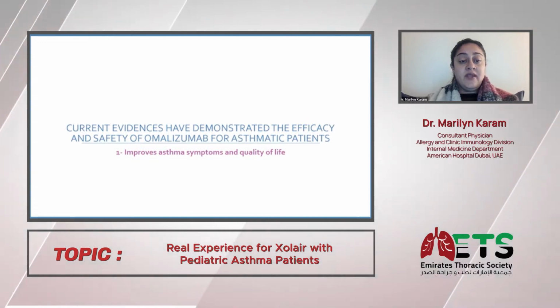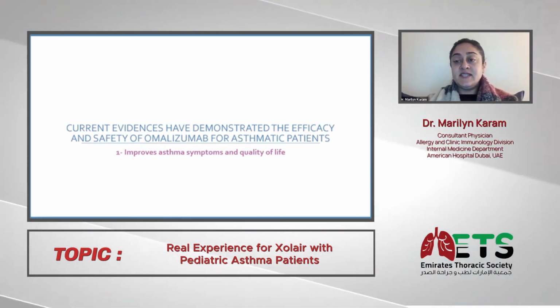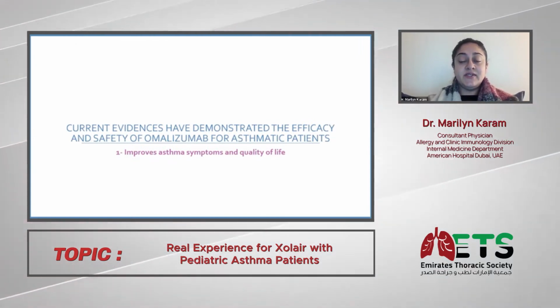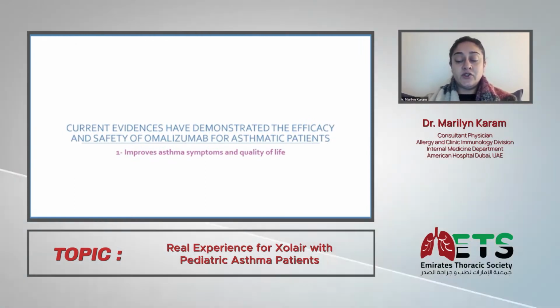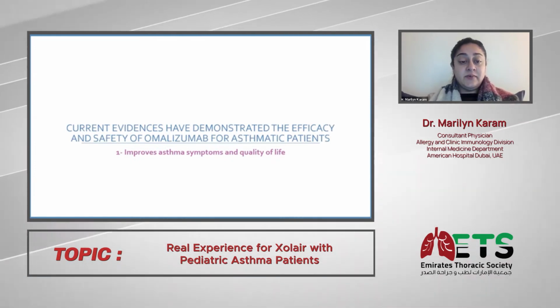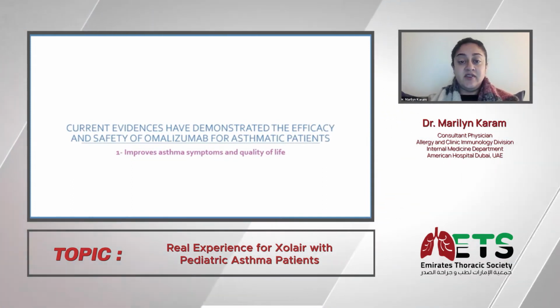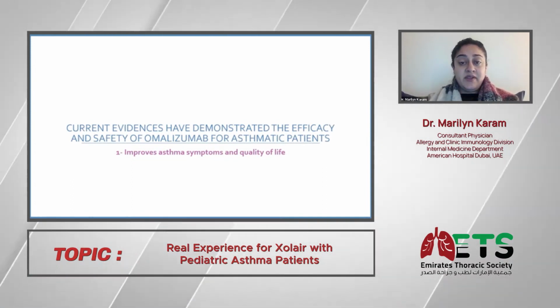Now, we have some evidence that has demonstrated the efficacy and safety of omalizumab in asthmatic patients, and I'll go over them one by one, to show you the evidence behind it. We have some indication that it improves asthma symptoms and quality of life in pediatric patients.